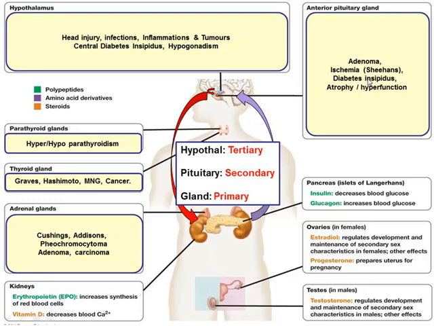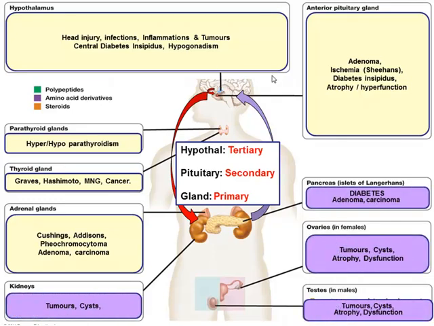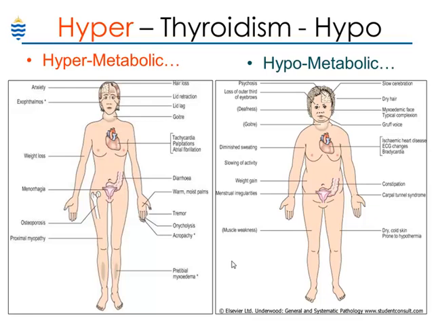Anterior pituitary, I have put this wrong, isn't it? It's not insipidus, that's posterior pituitary. Okay, just the adenomas, commonest is adenomas, hyperplasia, and then hypoplasia, hypopituitarism. All other things we cover later, diabetes, ovaries, and other things later.